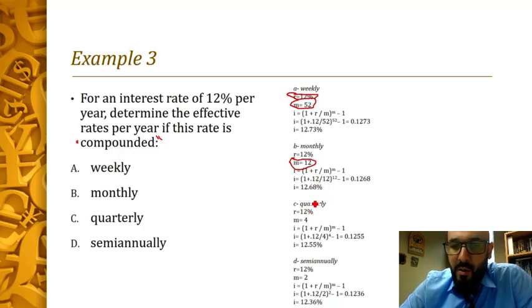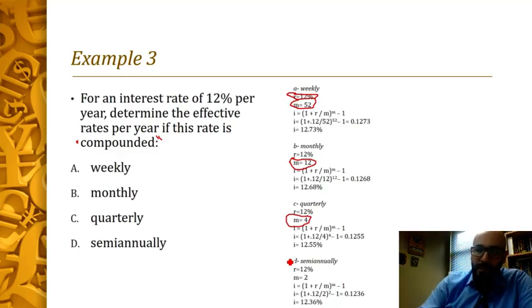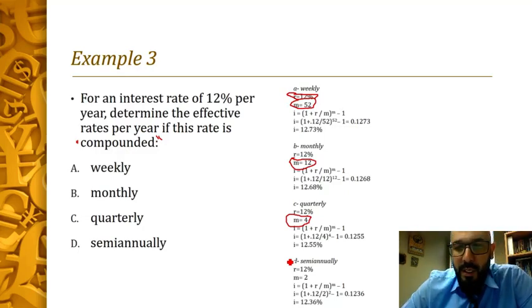If it's compounded quarterly, that would be 4 periods, and this would be 12.55%. Semi-annually, that would be 2 periods per year, or they charge interest twice a year on the unpaid balances, and that would give you 12.36%.